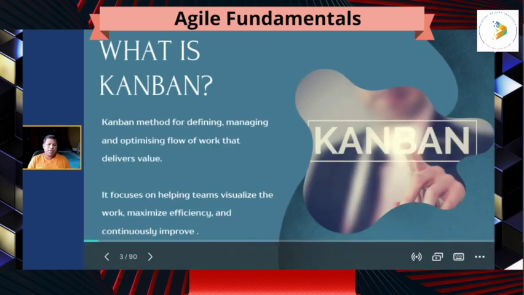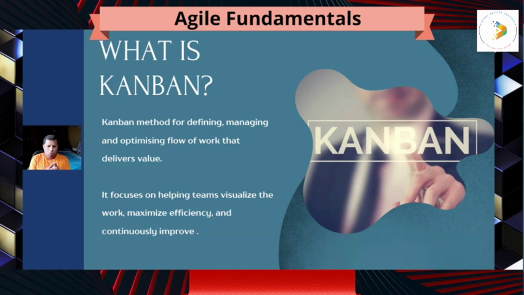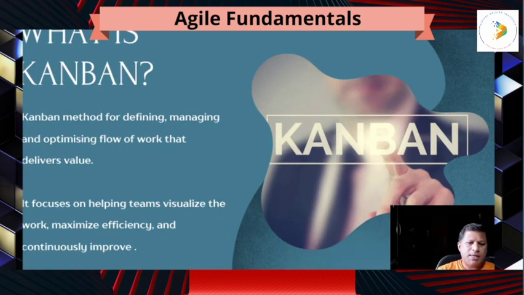Kanban is one of the agile frameworks that is pretty old, if I may say so, because it's one of the earliest frameworks that we have been seeing on agile, right? Now, what is Kanban?